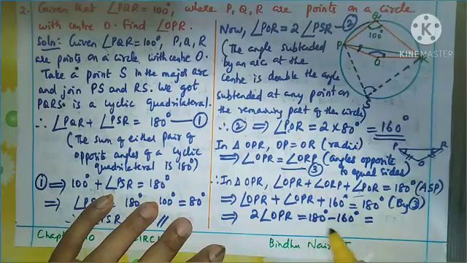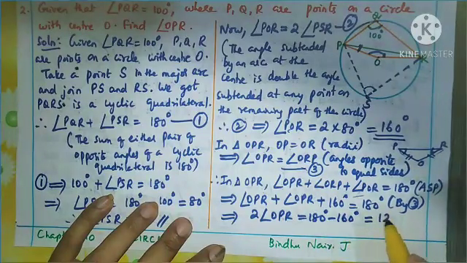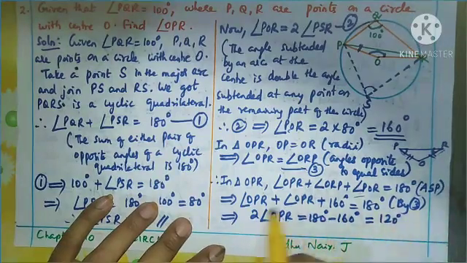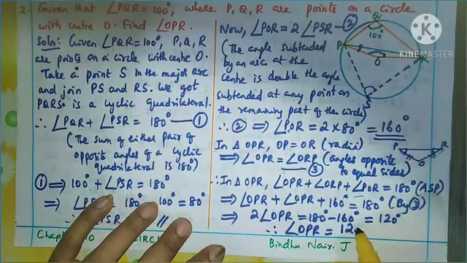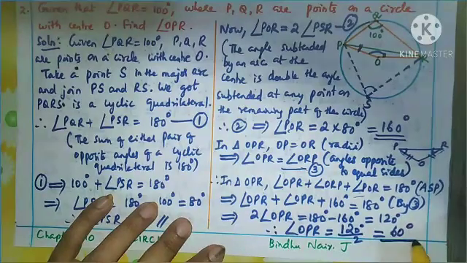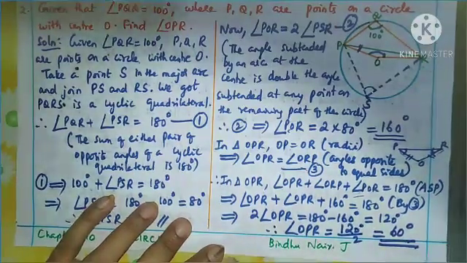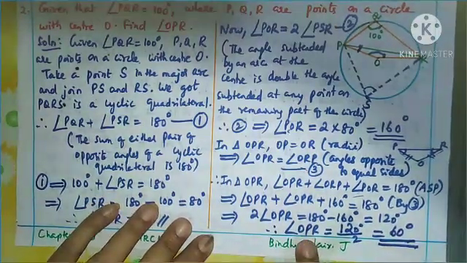What is 180 degrees minus 160 degrees? 20 degrees. So 2 times angle OPR is 20. Therefore angle OPR equals 20 degrees divided by 2, that is 10 degrees. So that is the value of angle OPR.